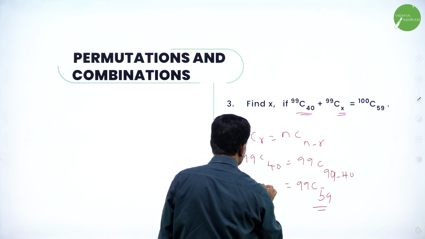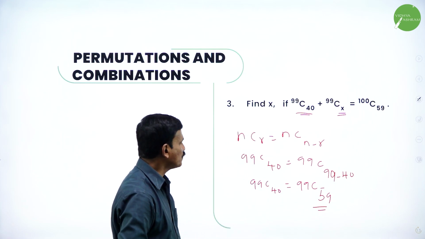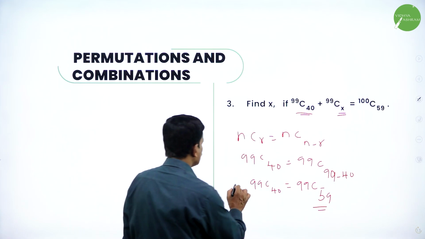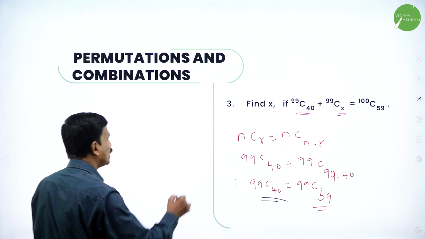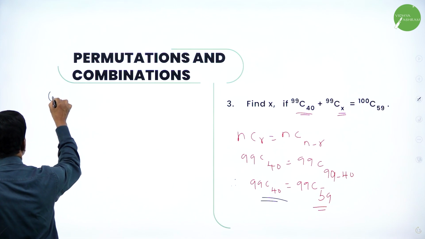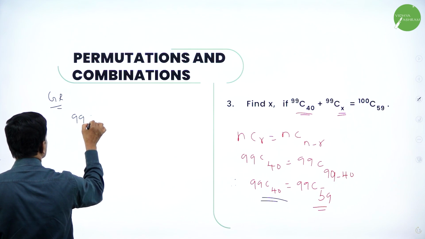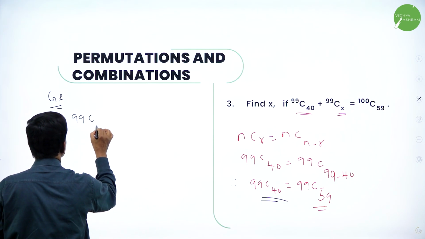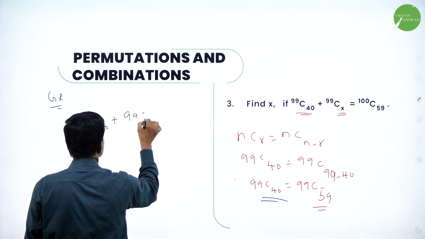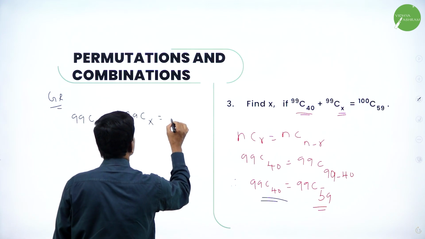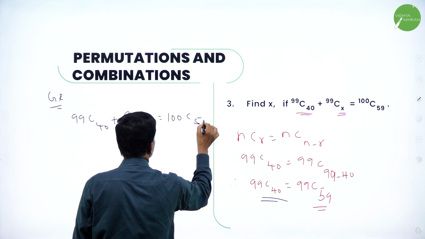So, 99C40 is also equal to 99C59. Now, since 99C40 is also equal to 99C59, the given equation can be written as: 99C40 plus 99Cx is equal to 100C59.